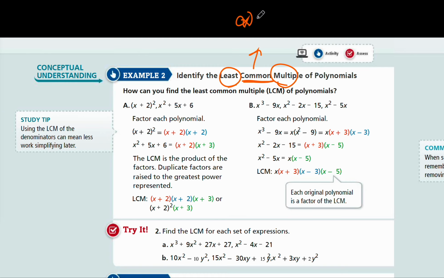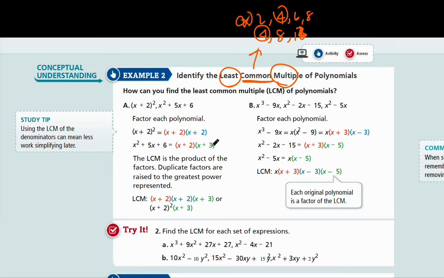So for example, you have 2 and 4, and then you multiply 2 out: 2, 4, 6, 8; 4 out: 4, 8, 12, and then your least common multiple would be 4, right?